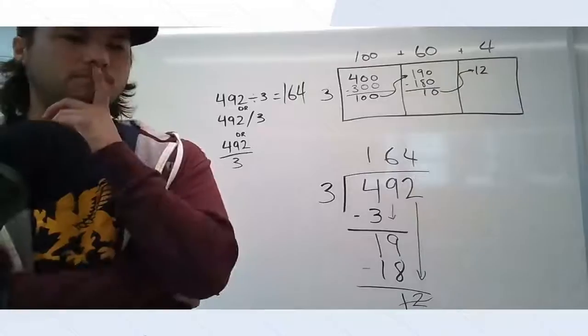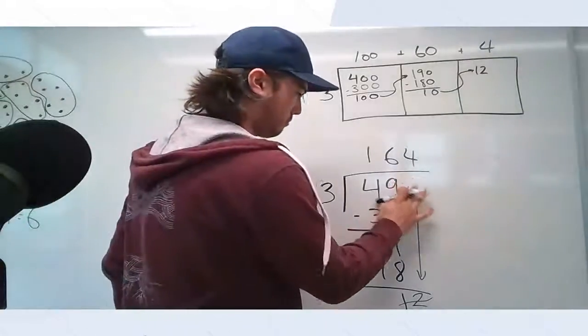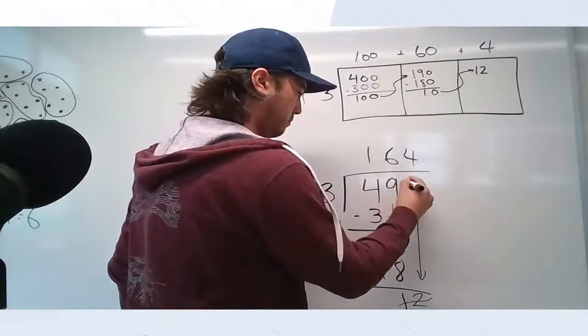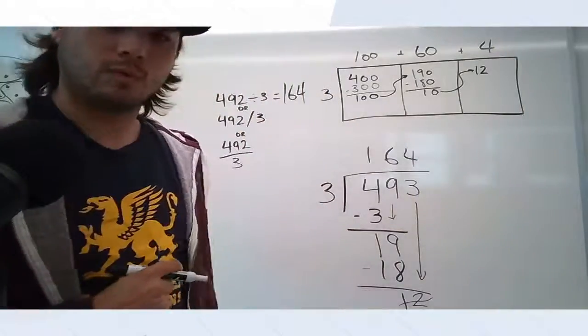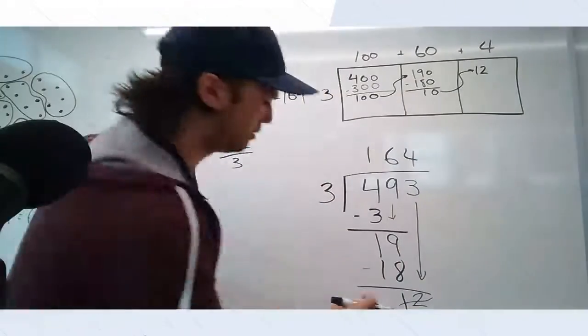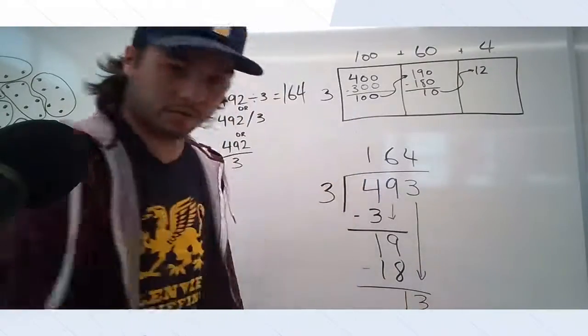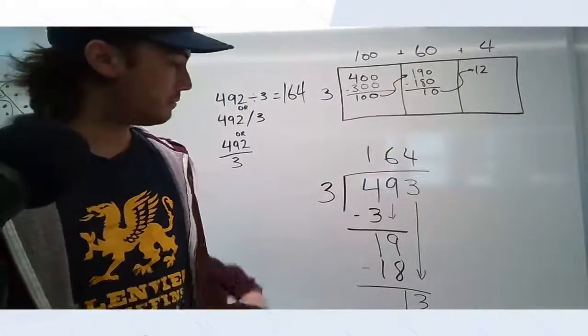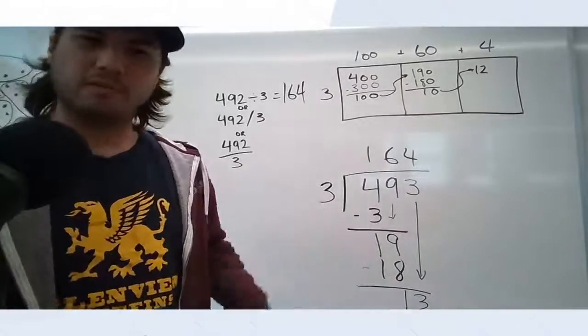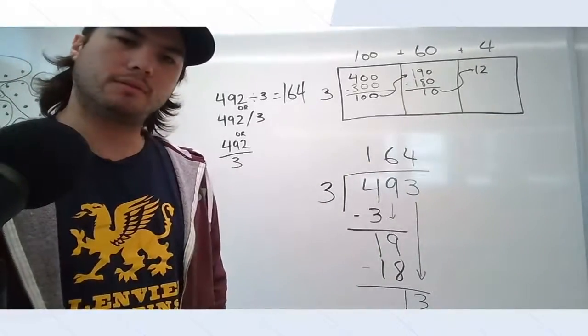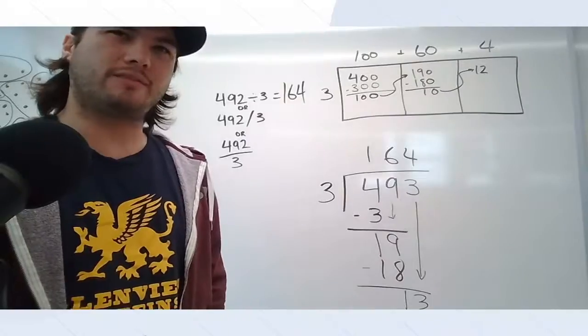Now, what if it were this? And instead of a 12, down here it was a 13. 3 times 4 is 12. 13 minus 12 is 1. We have 1 left over.